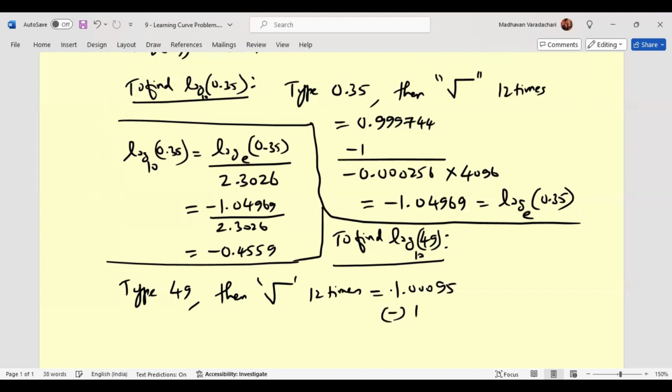Subtract that from 1, we get 0.00095. Multiply it by 4096. We will land up with a value 3.8937, which is logarithm of 49 to the base e.